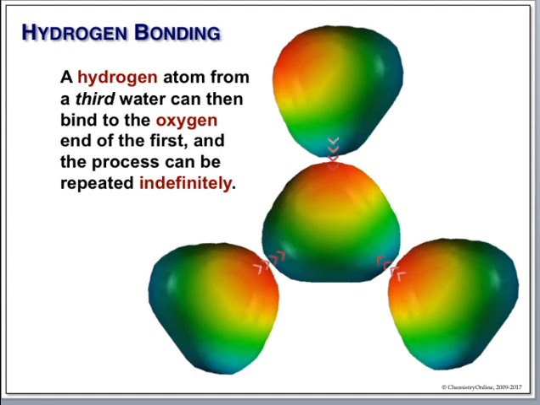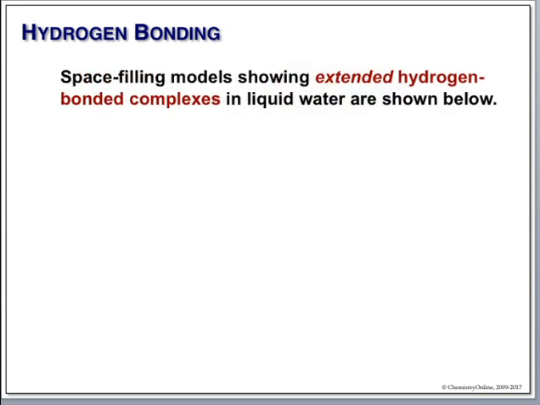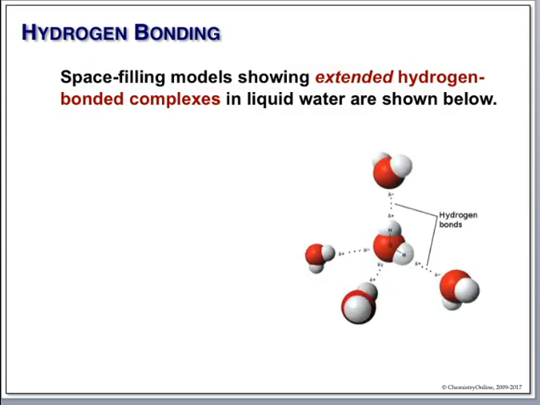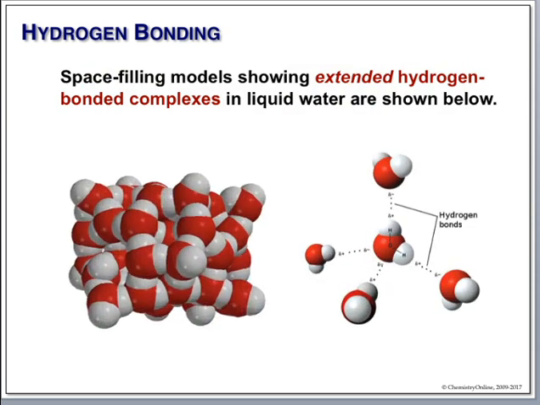We can extend this network basically as far as we want. This is more or less what you're seeing here in a better 3D. Here's our water. We can put a couple of oxygen, hydrogen bonds in here, a couple more hydrogen bonds here. This rendering is actually very, very interesting.